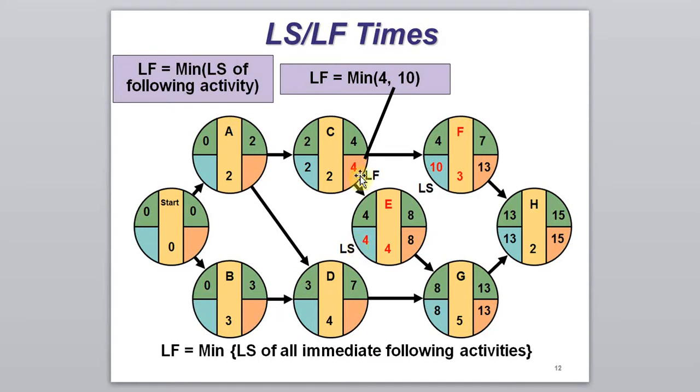So to calculate the latest finish time of C, we need to compare the latest start time of F and the latest start time of E. In this case, we need to take the minimum of the latest start times of all the immediate following activities of C. So the latest finish time of activity C is 4.